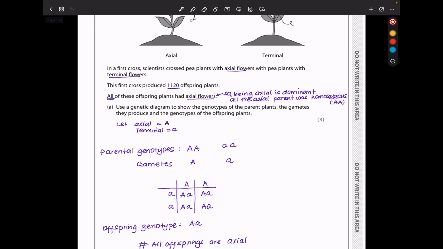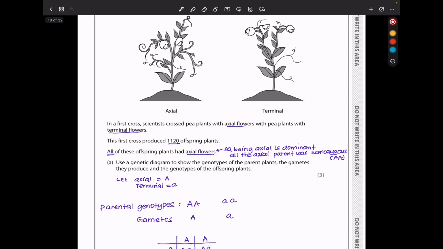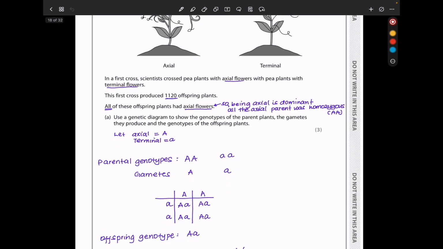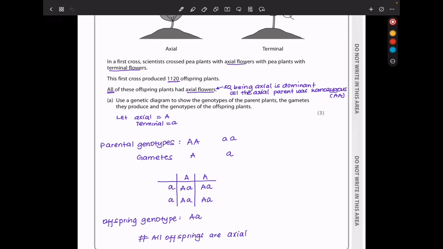So because all these plants had axial flowers, we can conclude that being axial is dominant. And because all of them had axial, it means they were all heterozygous, meaning the offspring of the first generation were all heterozygous. So that tells us both parents were homozygous, one homozygous dominant and the other homozygous recessive. And again, the dominant one was the axial plant.